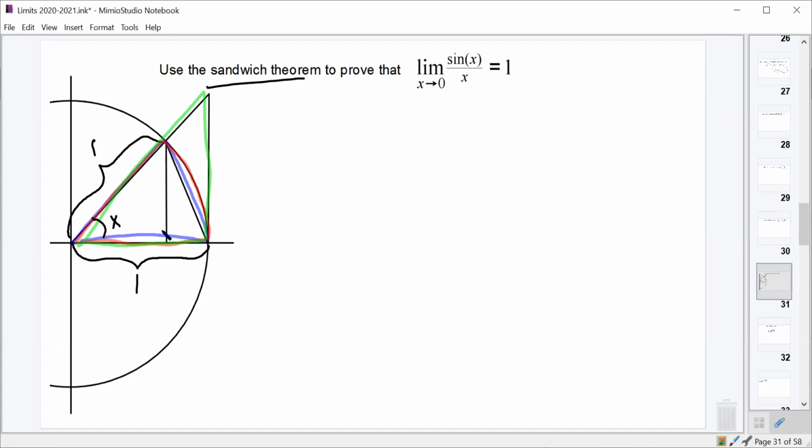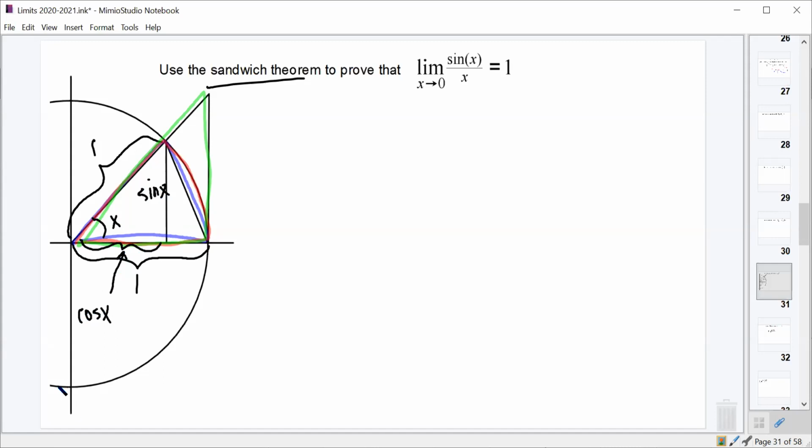Sine of x, exactly. That vertical distance should be sine of x, because if this is a unit circle, then the y coordinate, which is how high up we go from the x-axis, is always equal to sine. This distance here should be cosine x. Even though that's not part of one of my triangles, might as well still label it.